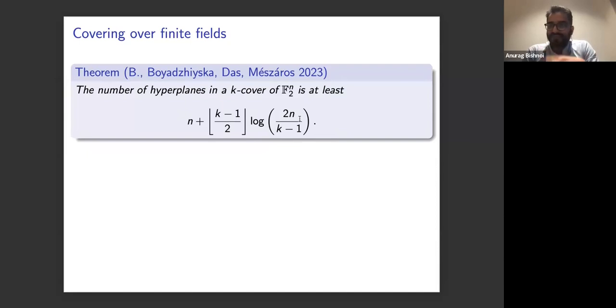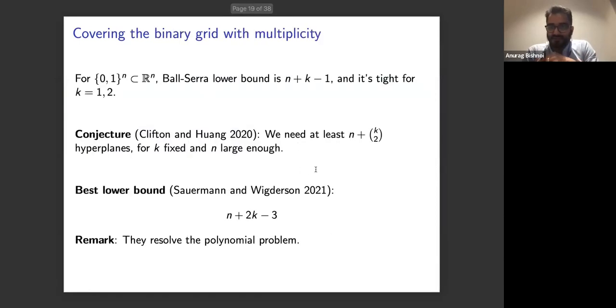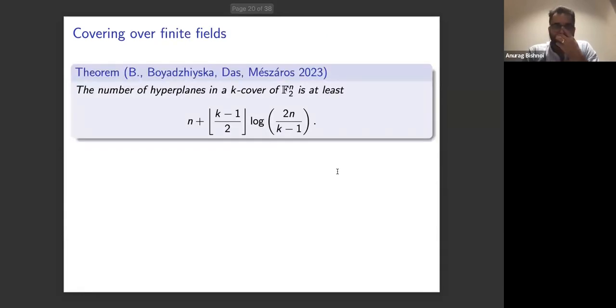This is very different behavior than in the characteristic zero case, where the conjecture is that it should be n plus k choose 2.